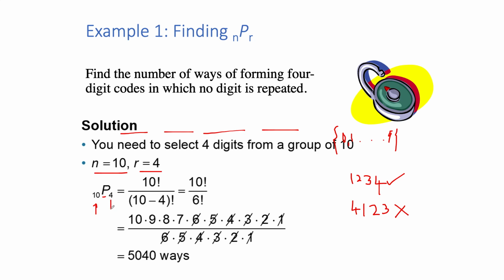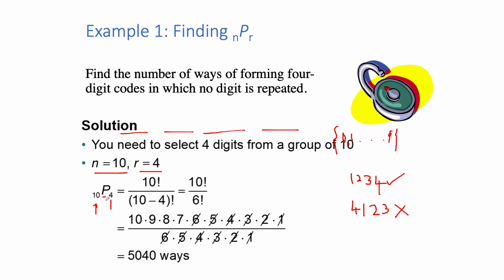Only 4 of them are chosen at any given point in time, for any given instance, and the order in which this choice is made actually matters, right? So the notation is 10P4. So this is a case where the order of the choice matters, and that's what makes this a permutation, right?